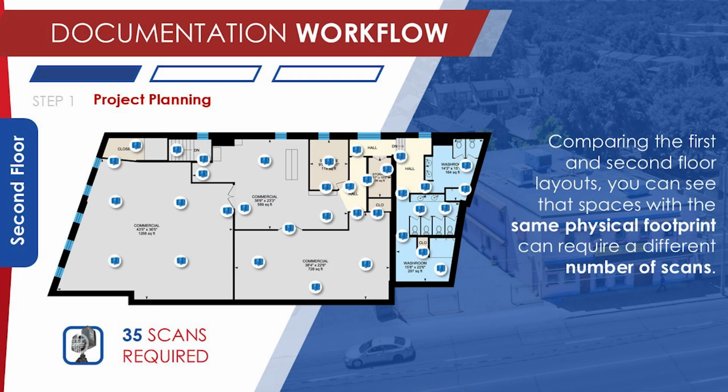A lot of rooms requires a lot of scans, which can drive up the time on site. But then if we jump up to the second floor, and you can see a lot more open spaces, a lot better line of sight to maintain that 30% overlap between scans, you're only at 35 scans. So the nature of the square footage that you're documenting oftentimes dictates how long you're on site.